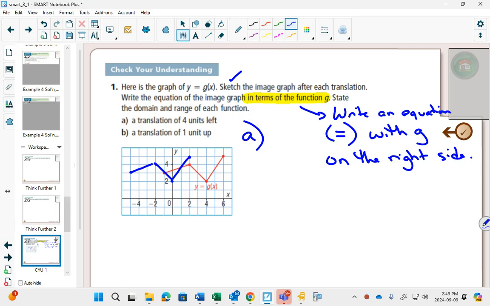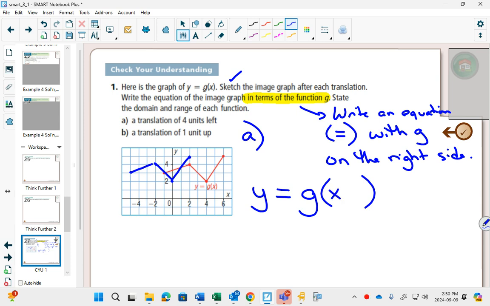So in this case, I want to write an equation of this blue graph in terms of the function g. So I'm going to have an equal sign. On the left side, it's going to be y equals. On the right-hand side, this is going to have g somehow. I've moved it 4 to the left. Left and right is inside.